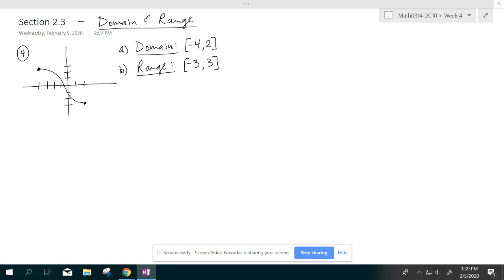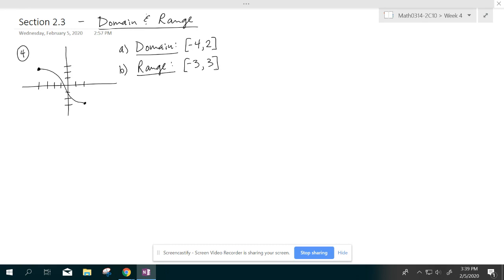And the reason that is the answer is because the range moves from bottom to top. So as I start scanning up from the bottom, do you see the graph starts existing at a height of -3? And does the graph continue to exist until I get up to a height of 3?